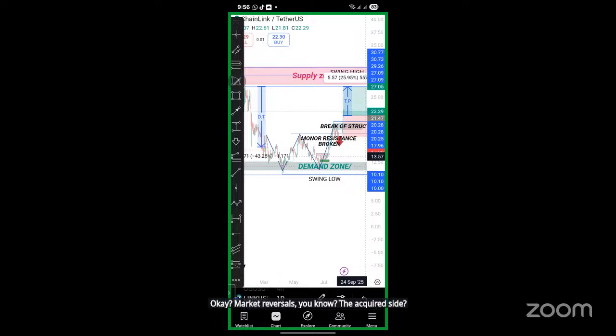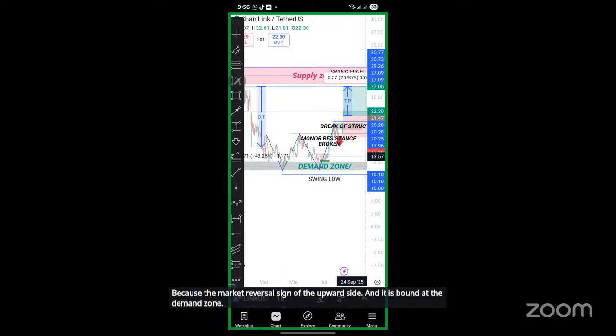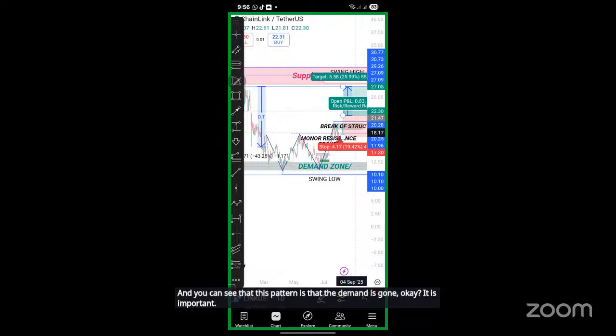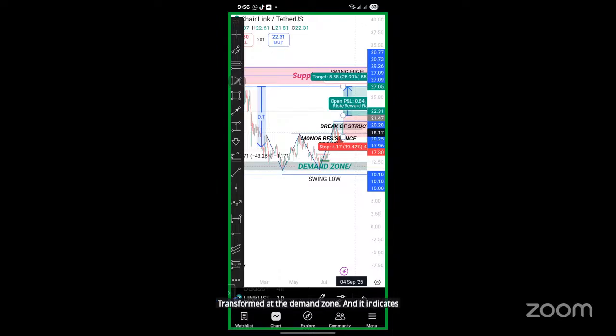It is formed at the demand zone, and you can see that this pattern is at the demand zone. It indicates a market reversal signal to the upward side. So that is a double bottom.